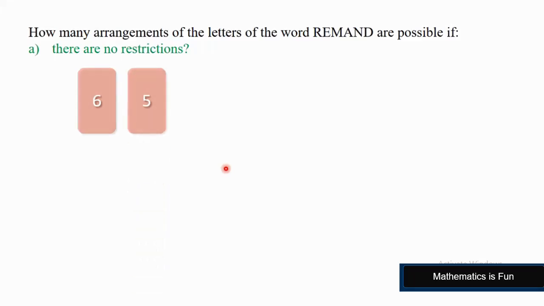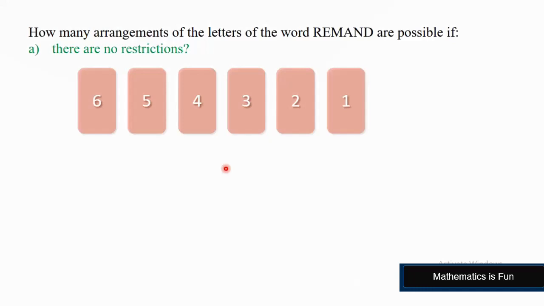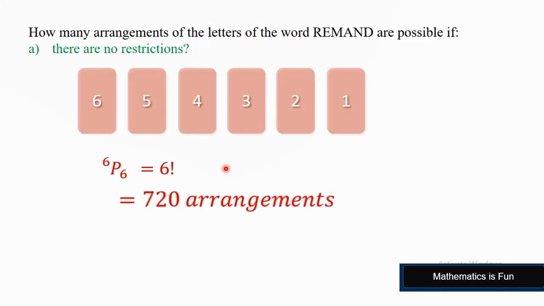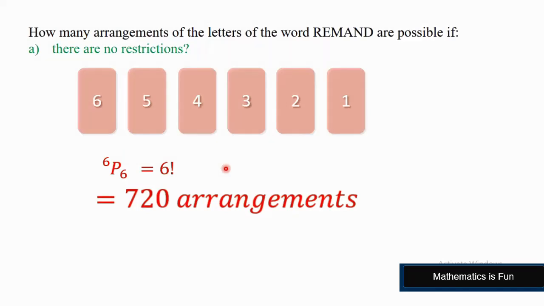For the third place, we are left with 4 letters, because 2 are already chosen for the first and second place. For the fourth place, we are left with 3 letters. For the fifth place, 2 letters. And for the last place, only 1 letter. So it is basically 6P6. We have to arrange 6 letters in 6 places. So it is 6 factorial, which is 720 ways.